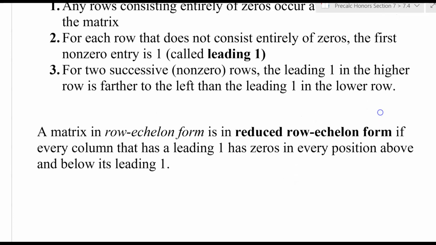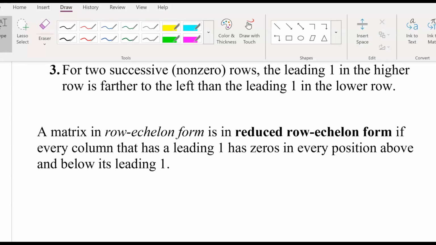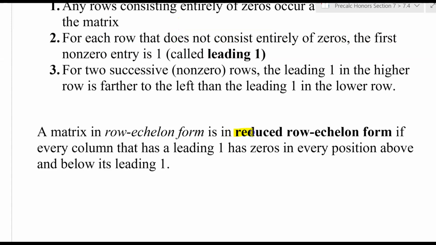Now a matrix in row echelon form is in reduced row echelon form if it has all three of these properties above, but every column that has a leading 1 has zeros in every position above and below its leading 1.